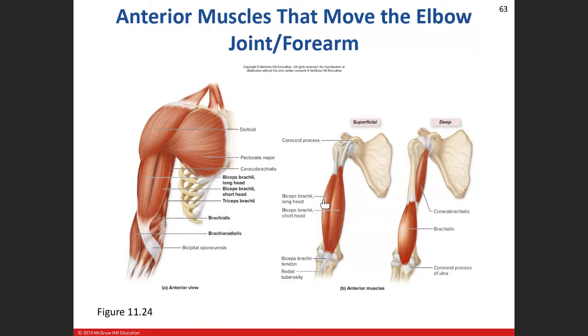Lateral to that is the long head there. And then deep to that, you can see here's coracobrachialis attaching also onto the coracoid process, attaching anterior, midway down onto the humerus, and then brachialis, this is the one that is responsible for most of the flexion of the elbow here. And that's a mid-humerus attachment, going down here and attaching onto the ulna.